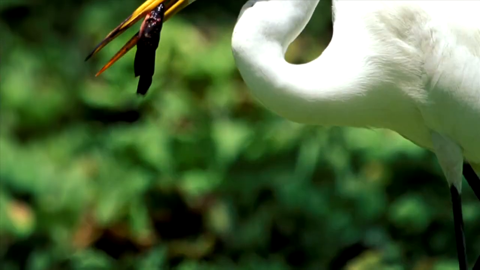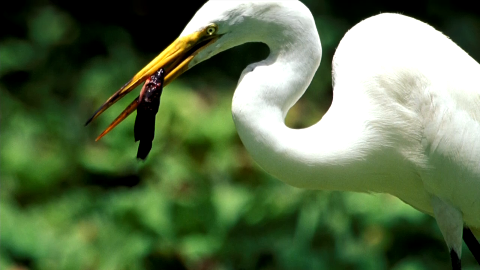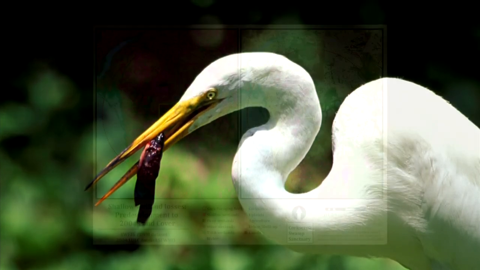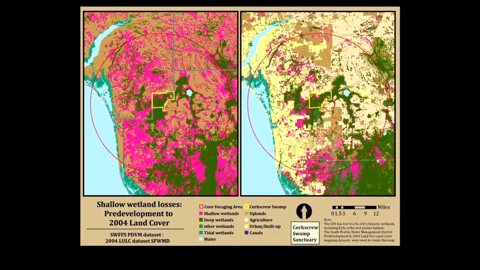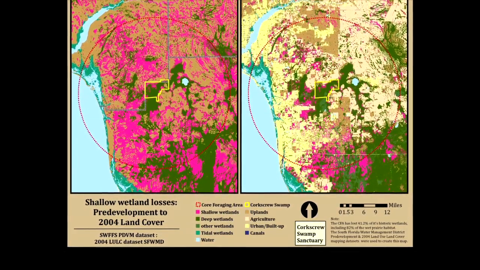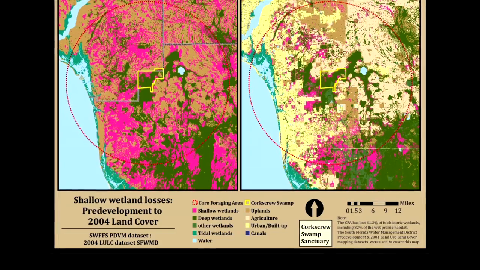As such, these shallow wetlands make excellent nurseries for small fish, and contribute tremendously to the diversity, abundance, and biomass of the wetland system. We've lost an estimated 70% of our shallow wetlands within the core foraging area of Corkscrew's wood stork colony. We've lost approximately 82% of the shallow wet prairies in that same area.